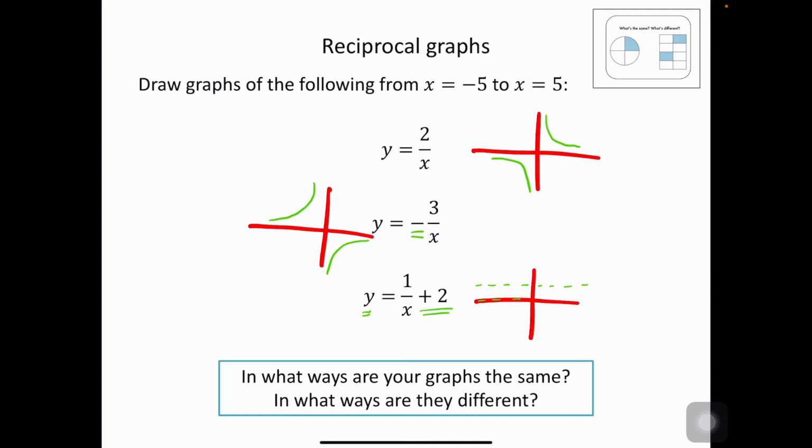And so our graph is going to look something like this. Of course, this asymptote will still be here. And so this is y equals 2. This is x equals 0.